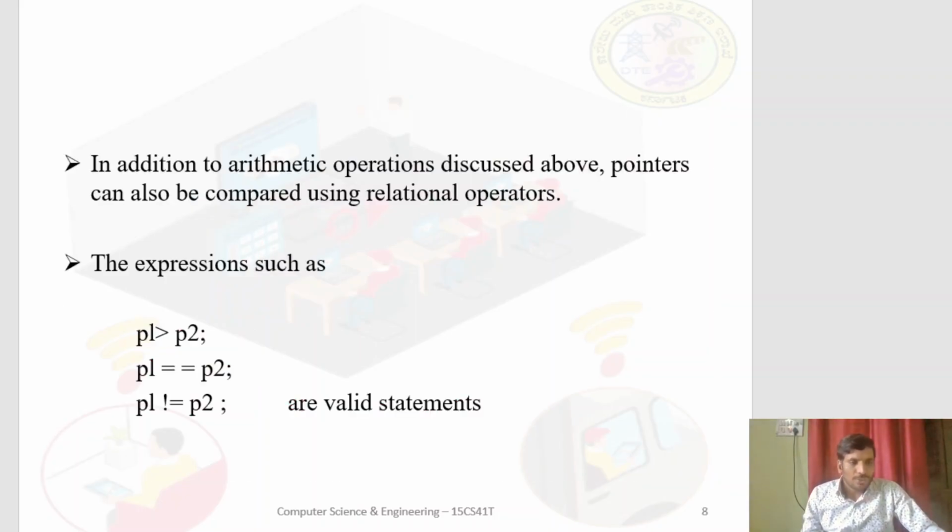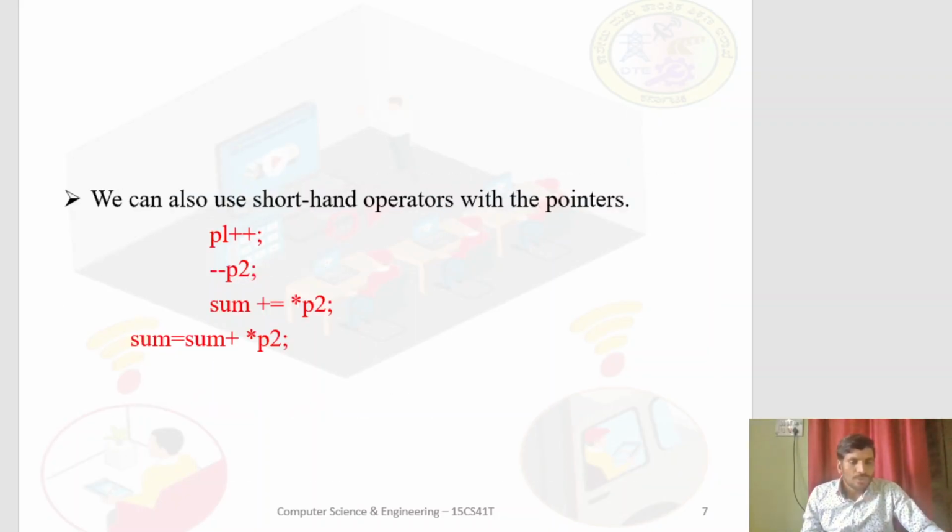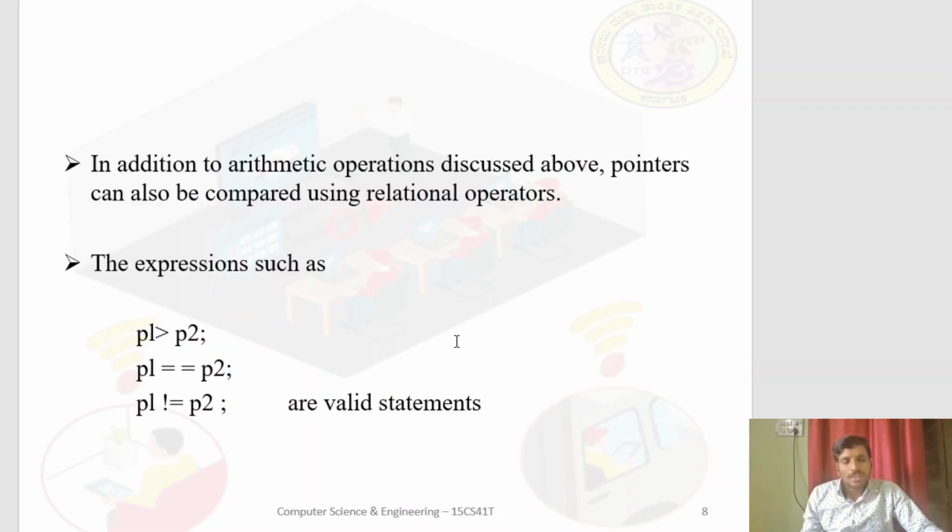Apart from this also, we can apply relational operators or relational expressions on the pointers. So what are the relational operators? Like greater than operator, less than operator, equal to operator, or not equal to operators.